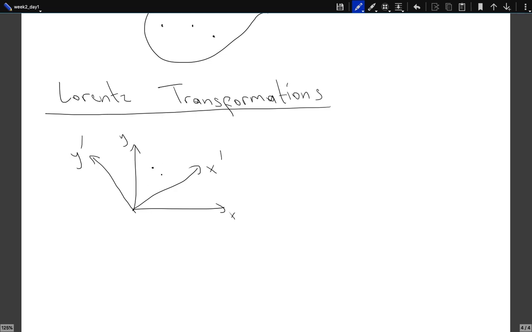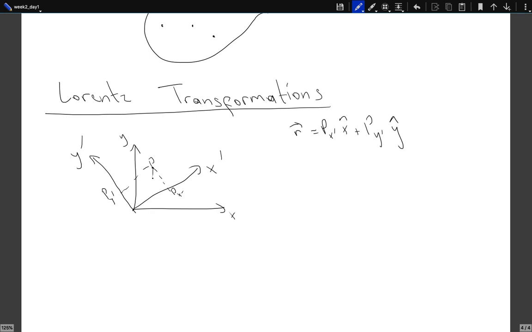There is this point P. Your friend will say that that point P has the coordinates Px prime and Py prime. So this point P will be Px prime in the x direction plus Py prime in the y direction.